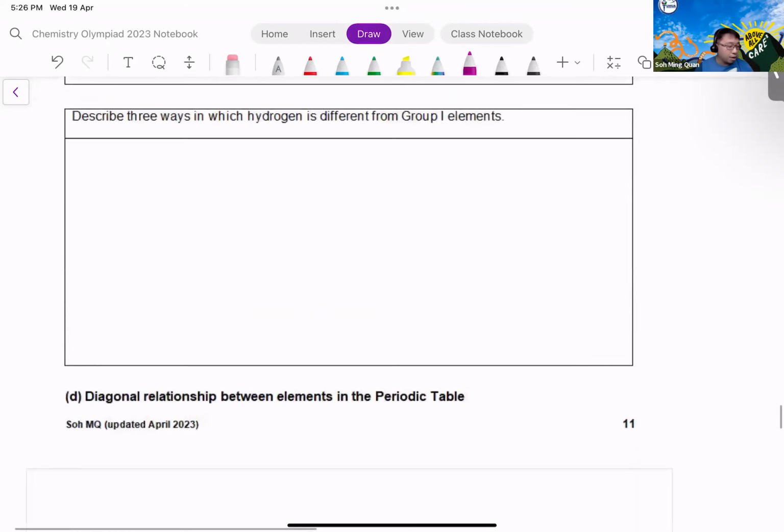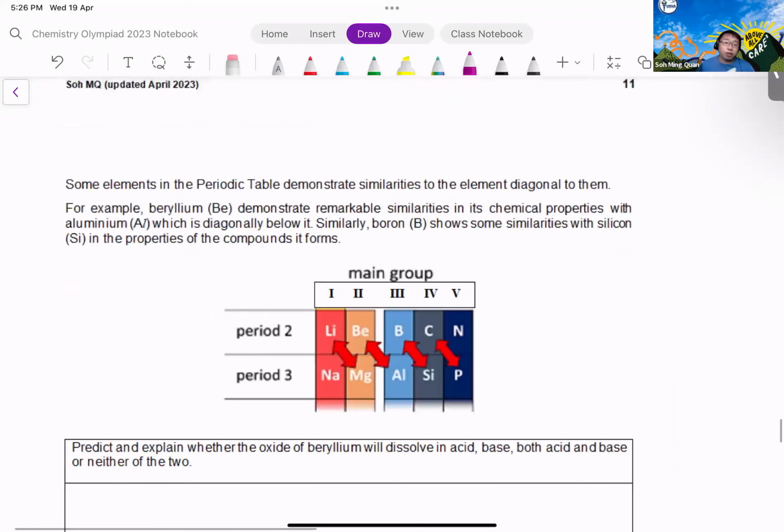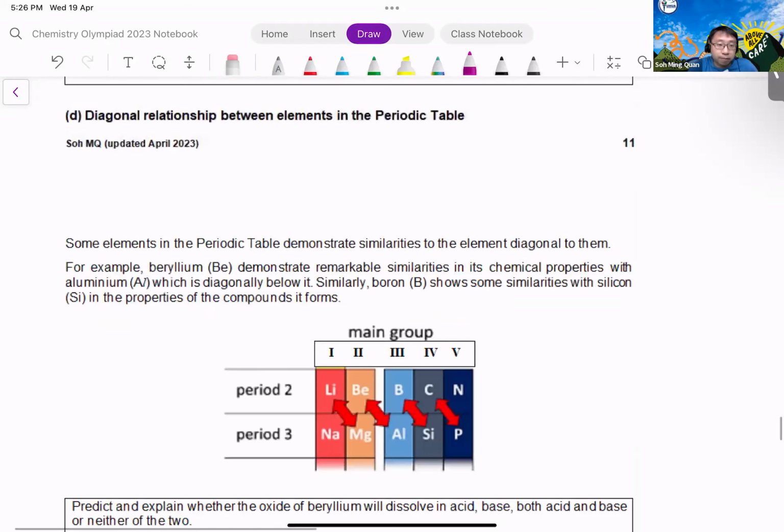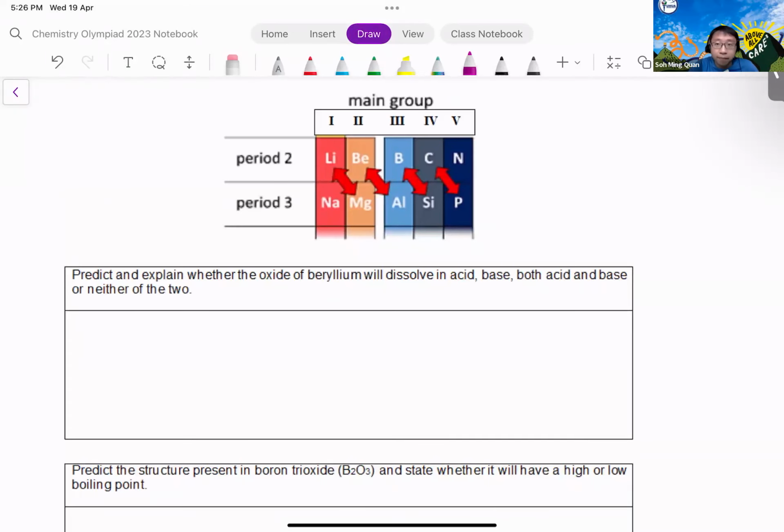Okay. Now let's go on to the last one, which is on diagonal relationships in the periodic table. The diagonal relationships are quite interesting. This uses the modern periodic table, the periodic table that you use in your textbook, the one found in TYS. There seems to be this diagonal relationship.